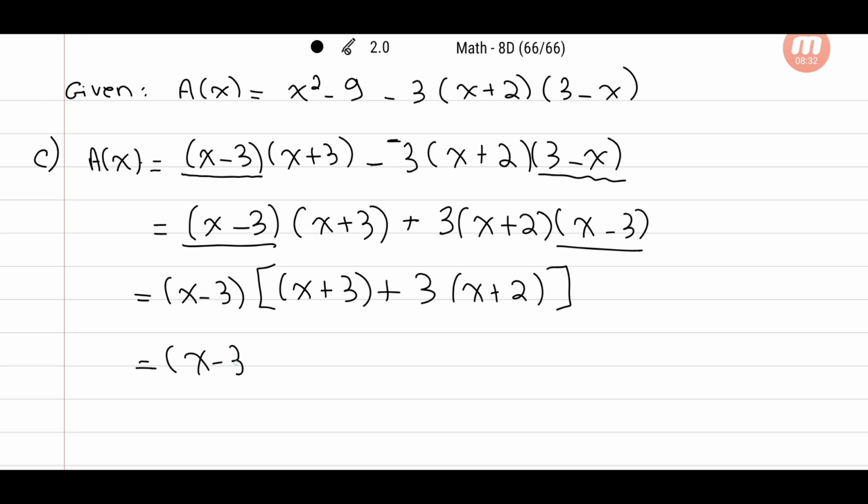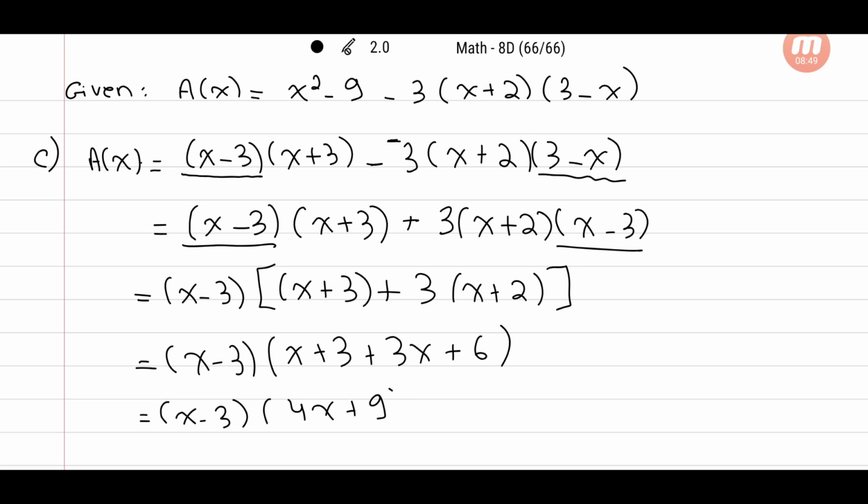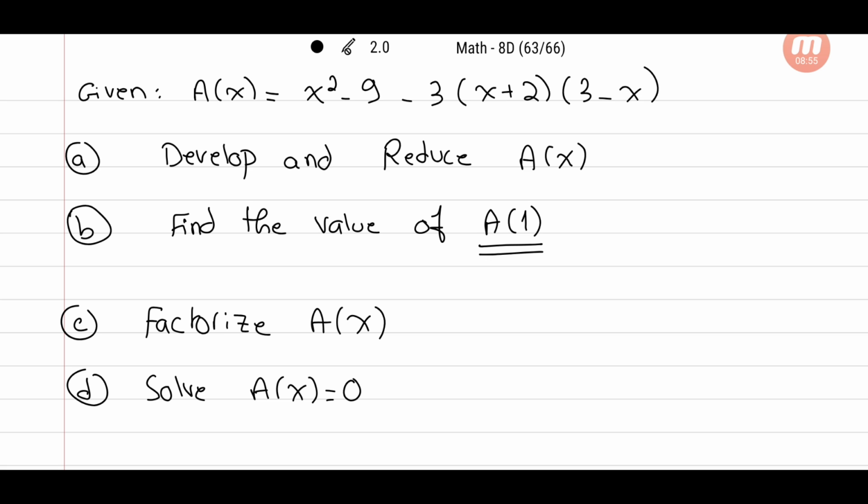Is equal to (x − 3), expand inside the brackets, x + 3 + 3x + 6. So it is equal to (x − 3), x + 3x is 4x, plus 3 plus 6 is plus 9, and I'm done factorizing.